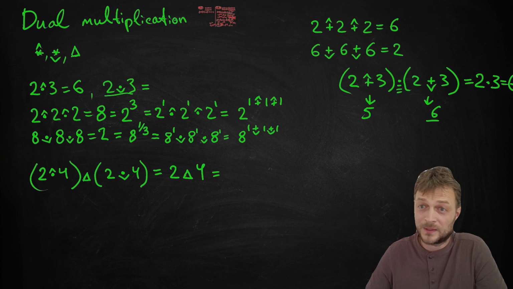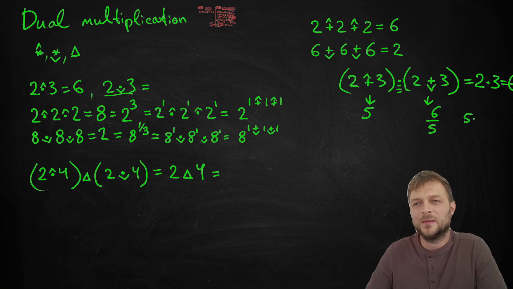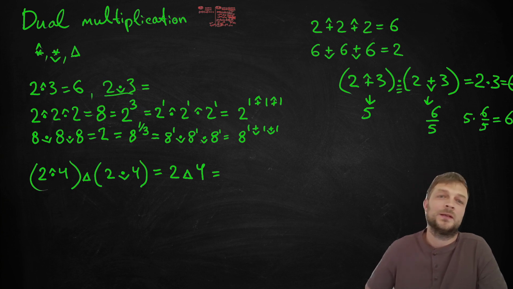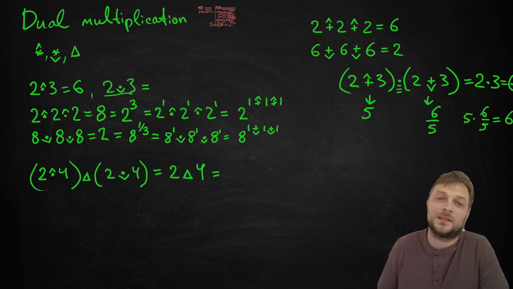So we would have that 5 multiplied by 6 over 5 is equal to 6, and we are happy. So we want to have the same here. Let's try to figure out what this is.